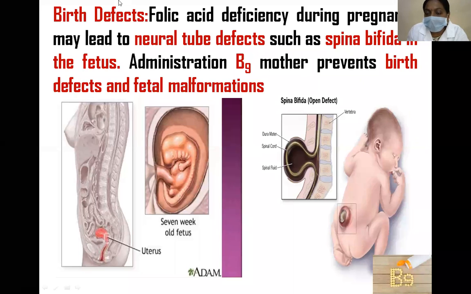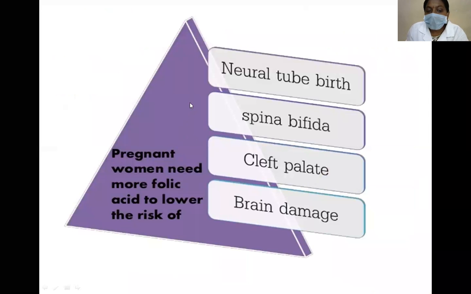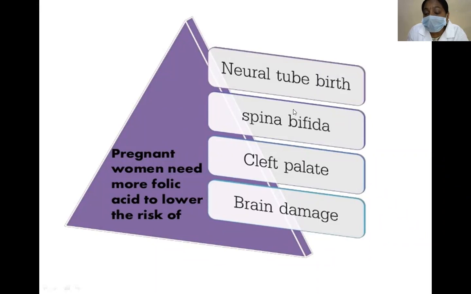Neural tube defects such as spina bifida are mainly seen in the fetus during folic acid deficiency. Spina bifida. Here, the pregnant woman requires more folic acid. It can decrease the risk of neural tube defects, spina bifida, cleft palate, and brain damage.